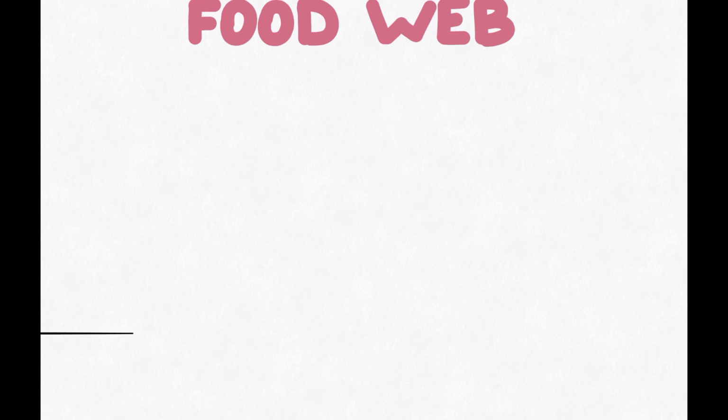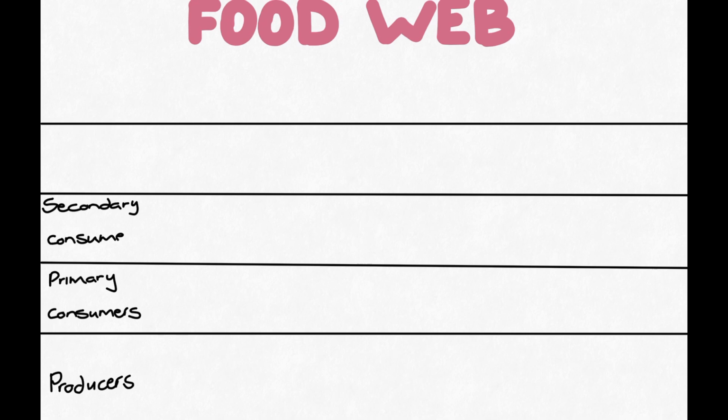Next, we need to look at the feeding relationships within the tropical rainforest. Now, to do this, we're going to look at a food web. Now, the food web in a tropical rainforest is made up of the producers, the primary consumers, the secondary consumers, and the tertiary consumers. Now, producers are made up of plants that use sun energy to make their own food.